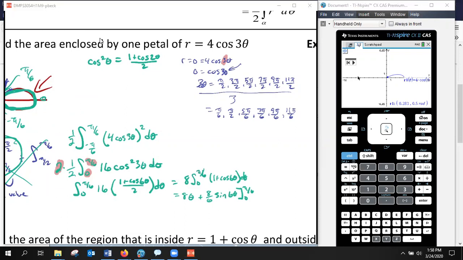The question that was just asked is when do we consider a negative area? The negative area occurs, let's look right here. If you look at this graph, right now all of my radii are positive. As I continue to scroll, you'll notice all of these radii are now negative.